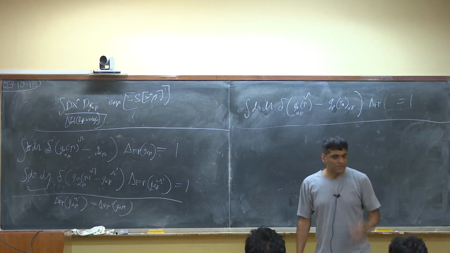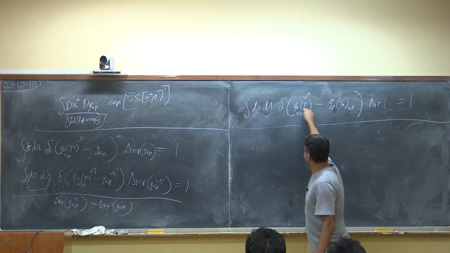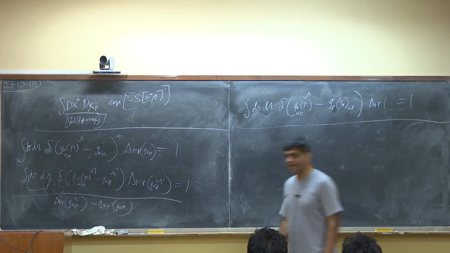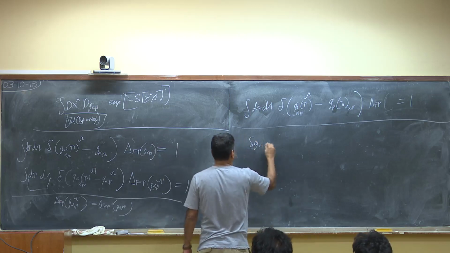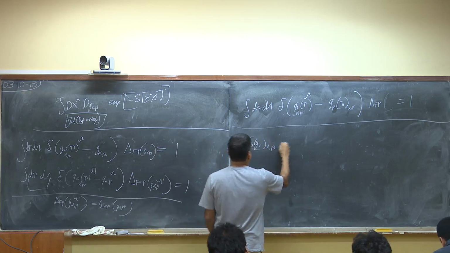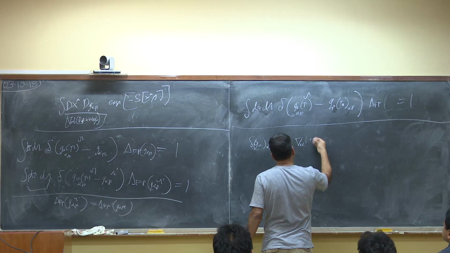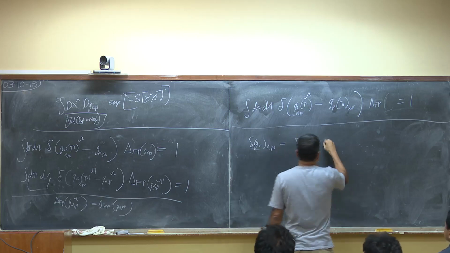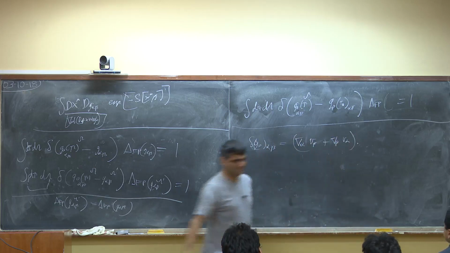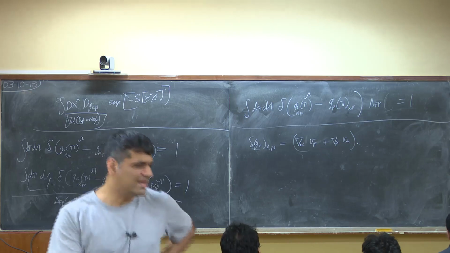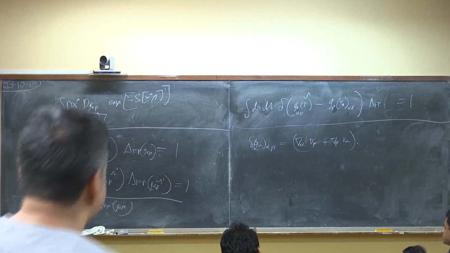So omega is identity plus something small. We'll parameterize those small quantities and compute what this is. Under a diffeomorphism, how does a metric change? Delta G naught alpha beta is del alpha V beta plus del beta V alpha, where del is the covariant derivative in the metric G naught, and V is the infinitesimal diffeomorphism.